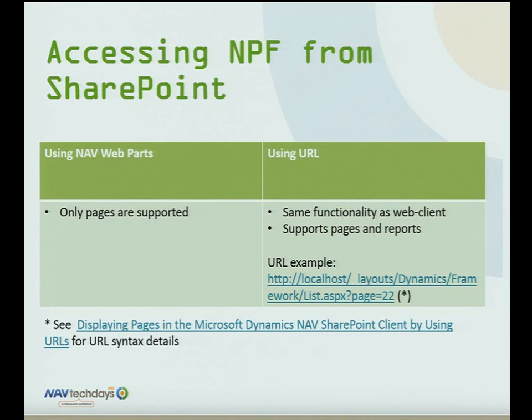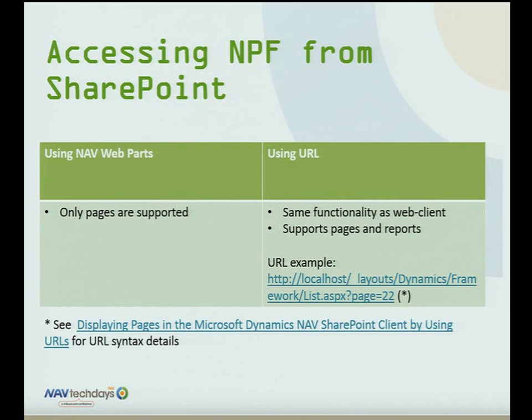So how do you access the pages or reports in SharePoint? There are two different ways. Either you use NAV web parts, by creating a web part page, adding our web part and choosing the page number.